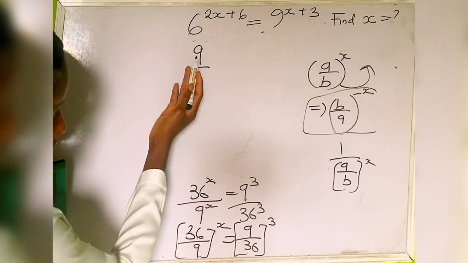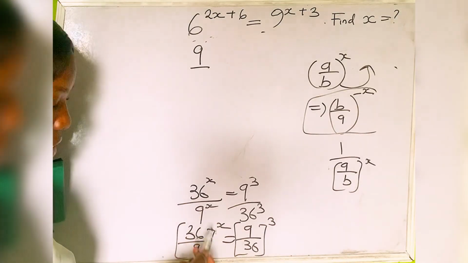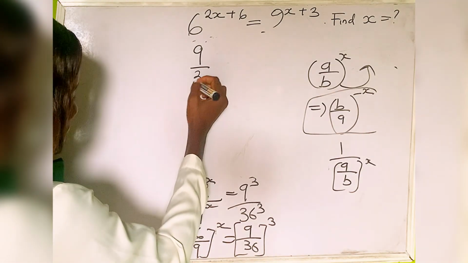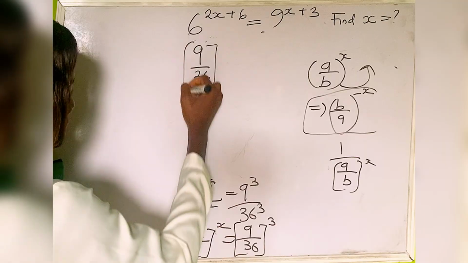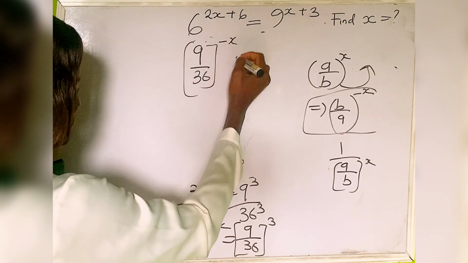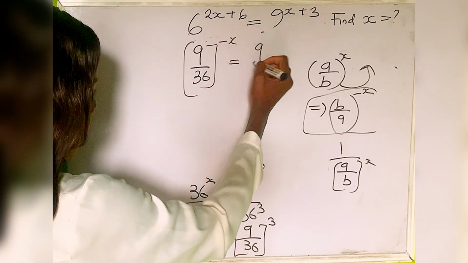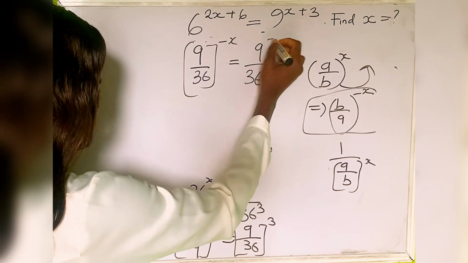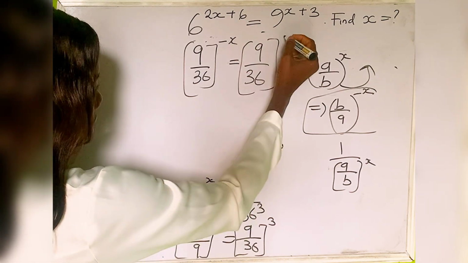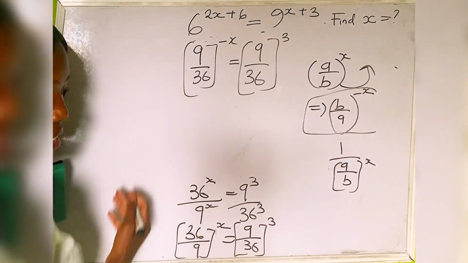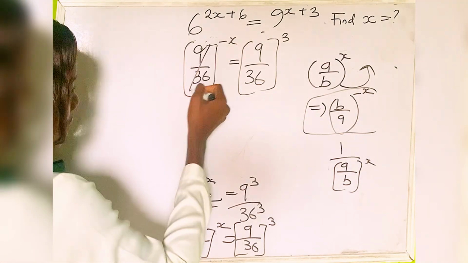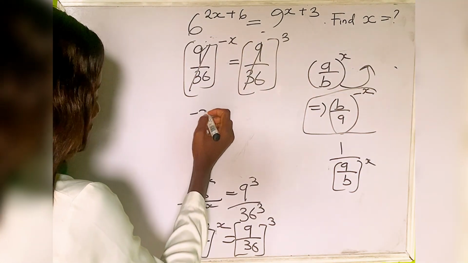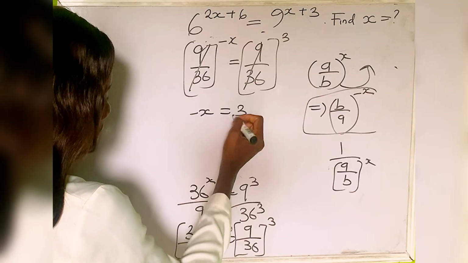Now the next thing to do is to invert it. So it becomes 9 over 36 to the power of negative x is equal to 9 over 36 to the power of 3. Now we see that our bases are the same, so this can cancel this. So we have negative x is equal to 3.